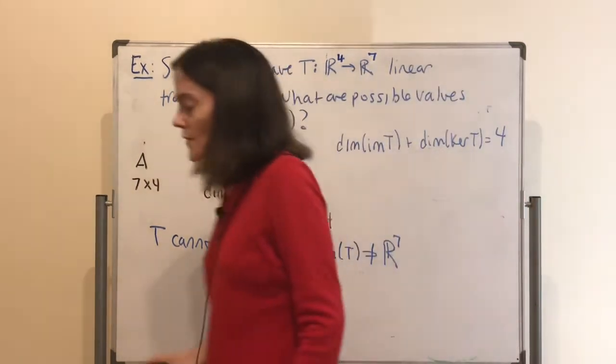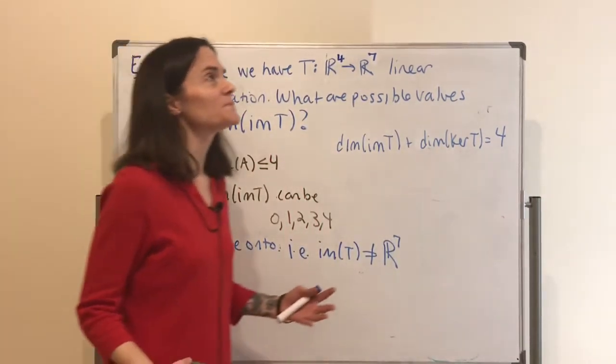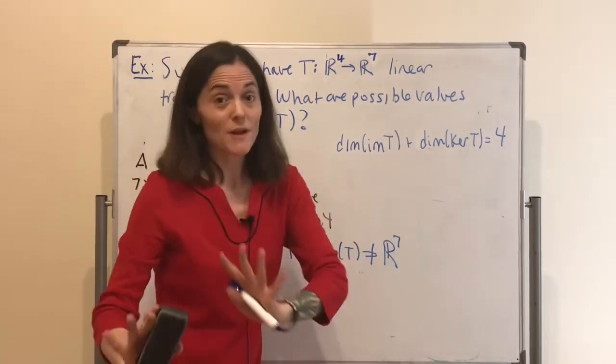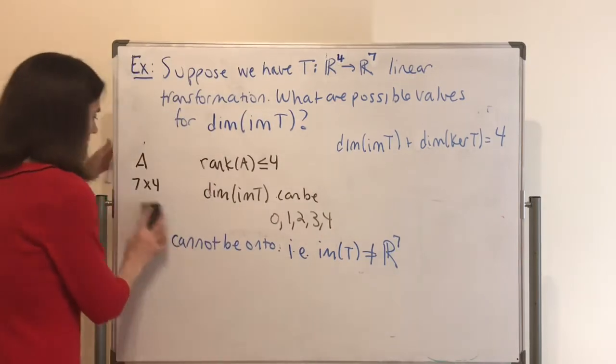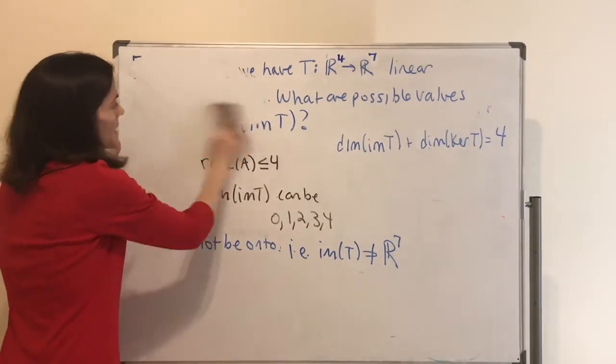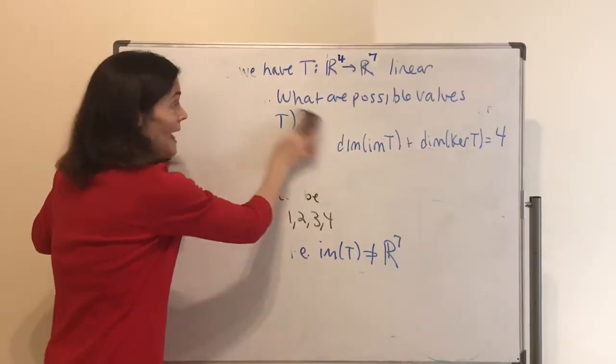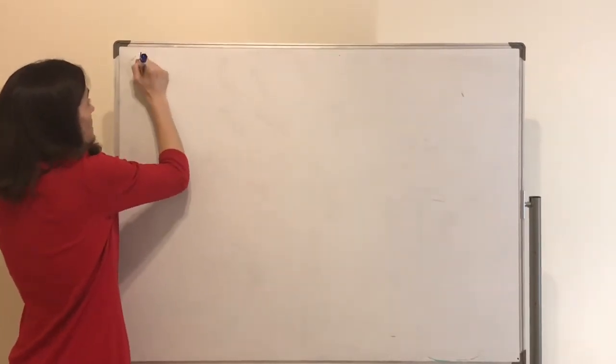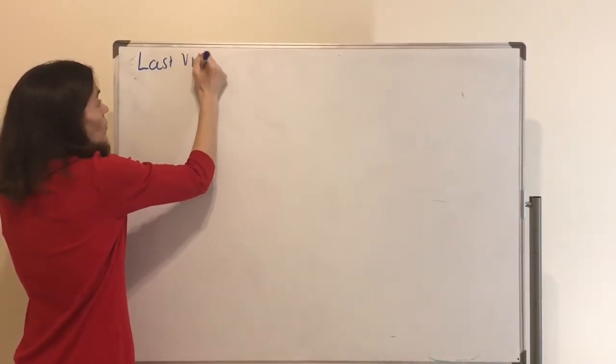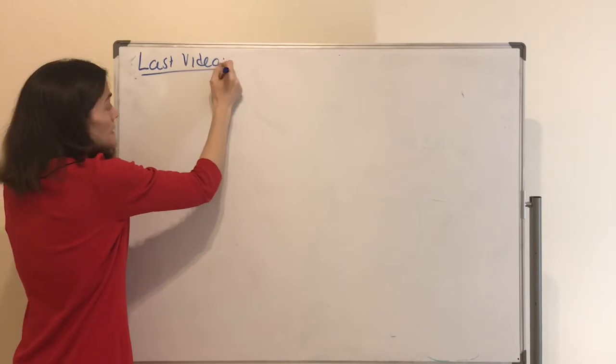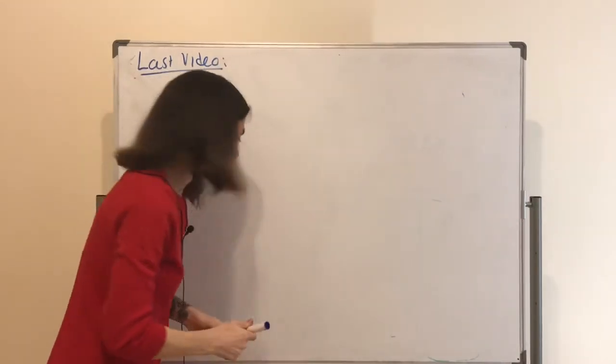Now let's do another one, and this one is similar to one you have in your homework. I will say this, but it is also similar to one that we did in the last video. Well, in the last video, we did this really neat example kind of near the end.